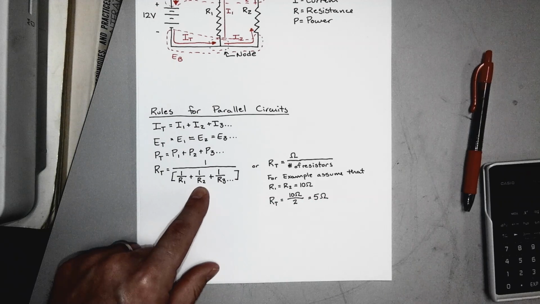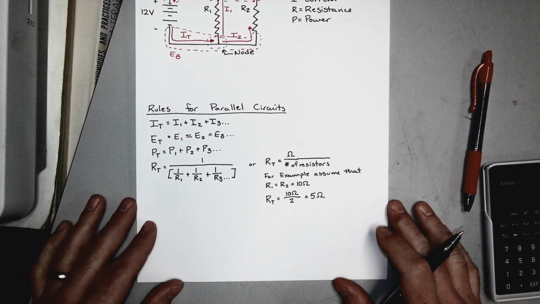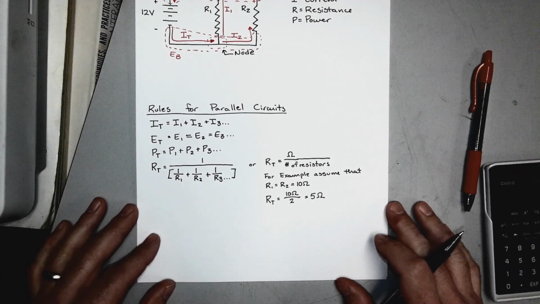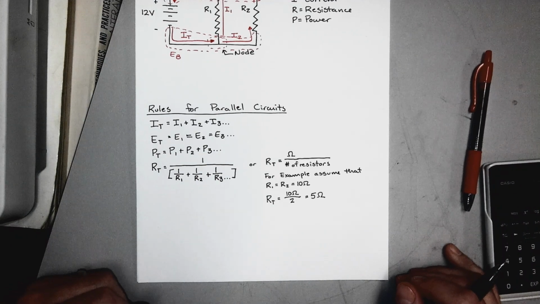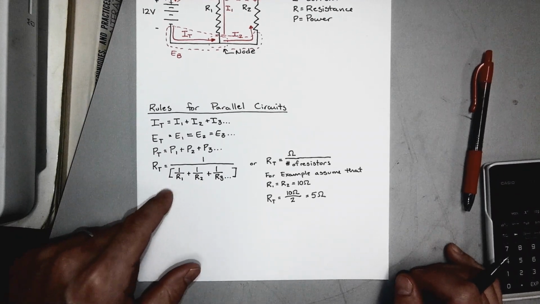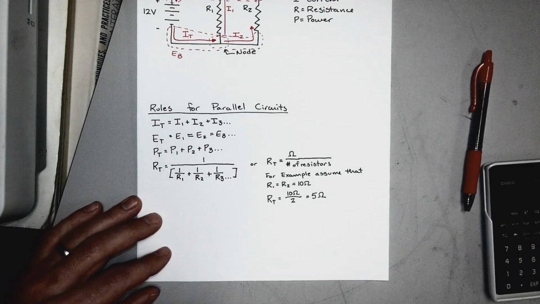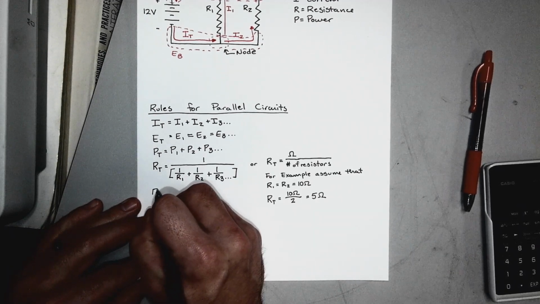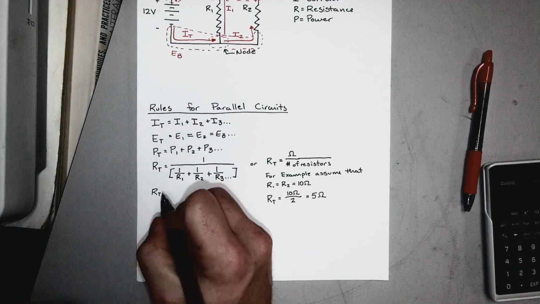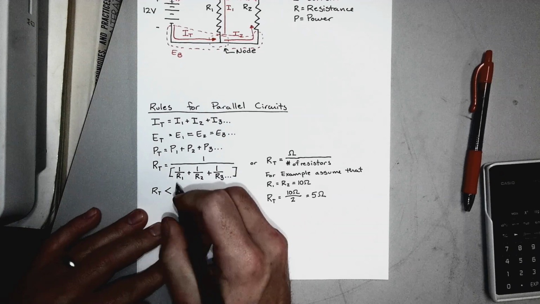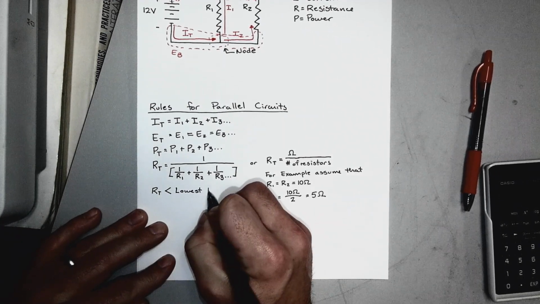Punching this into the calculator, I mean, that's a lot of keystrokes to try to get that into the calculator, and if you miss one, well, you're not going to get the right answer, and you have to have done enough of them to recognize that you don't have the right answer. One thing of note, when doing total resistance for a parallel circuit, RT will always be less than the lowest resistor.